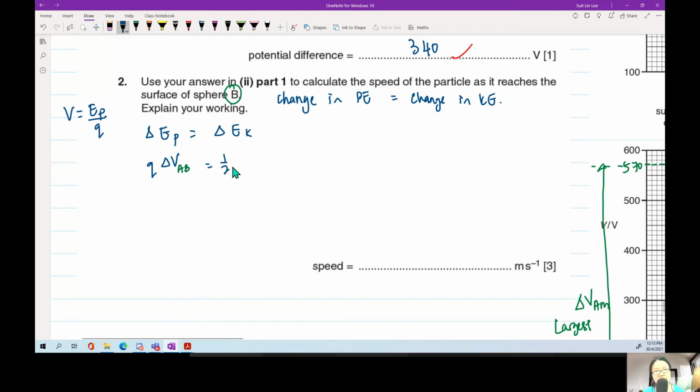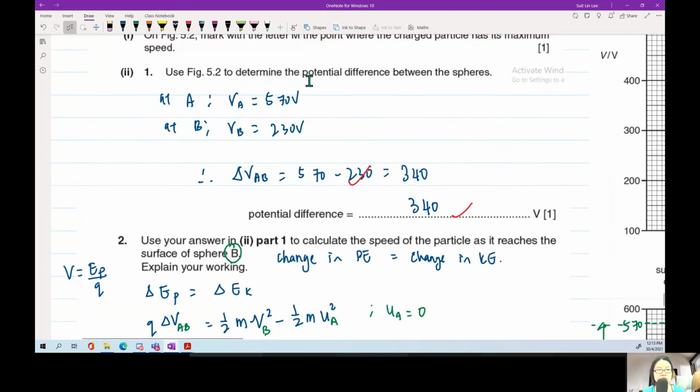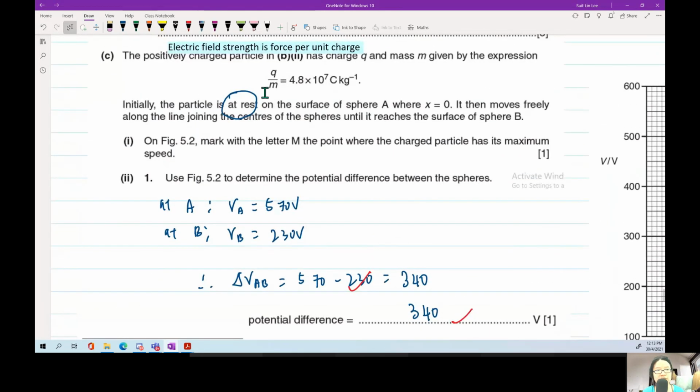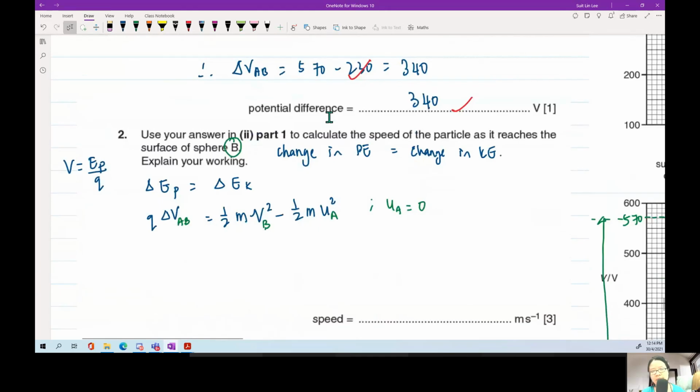And then this will be half mv square minus half mu square. So this velocity is at B, which we want to find. This velocity is at A. UA is 0. They say 1. See? Particle is at rest on the surface of A. So we are taking from A to B, meaning this whole thing become 0.